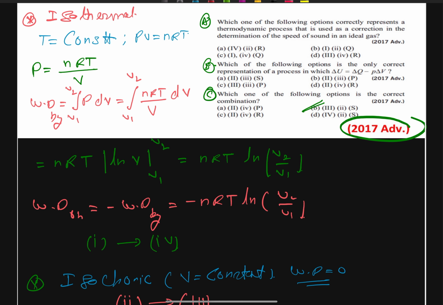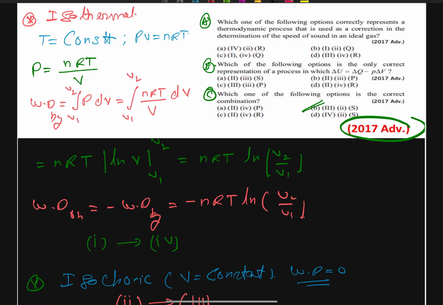And we come to our part B, which states which of the following options is the only correct representation of the process in which delta U is equal to delta Q minus PdV.